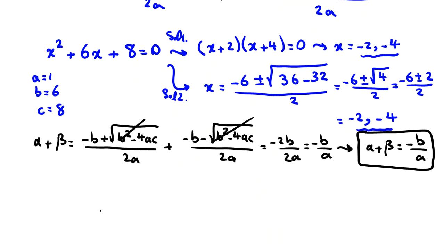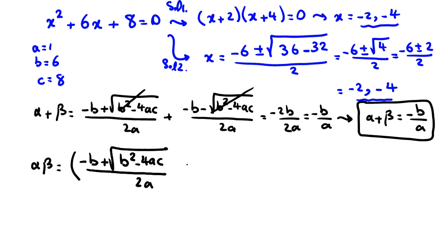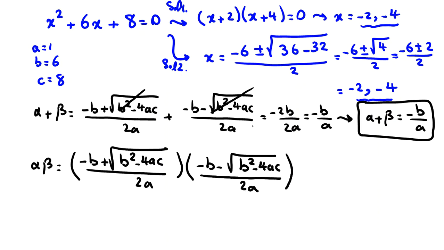Now we want to find the product of the roots. Alpha times beta is negative b plus root b squared minus 4ac over 2a, times negative b minus root b squared minus 4ac over 2a again. To calculate this, we use the identity that z minus w times z plus w equals z squared minus w squared.